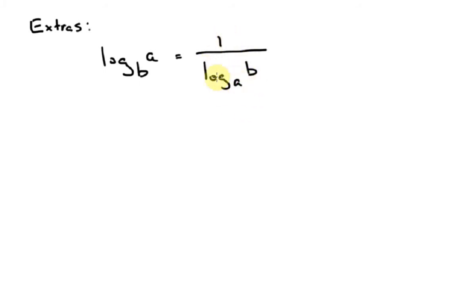So you can do a little switcheroo. And then we talked about the special number e, which basically, if someone says natural log of something, that means the same thing as log base e of that something. So those are the little extras so far.